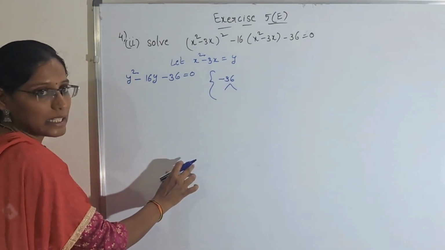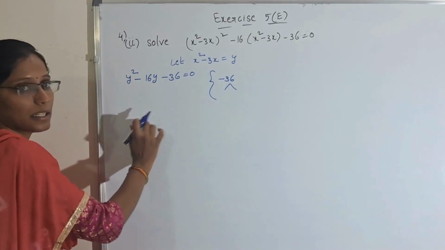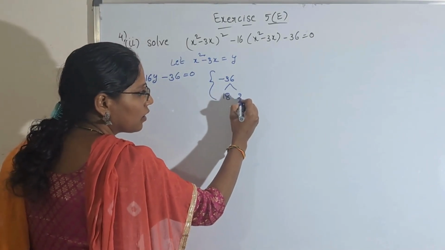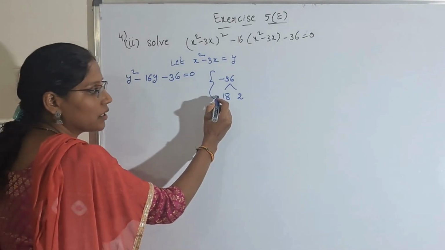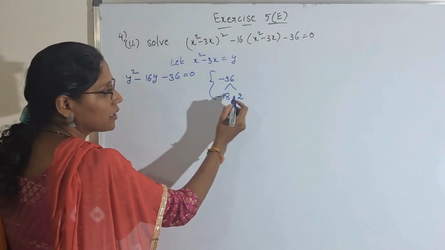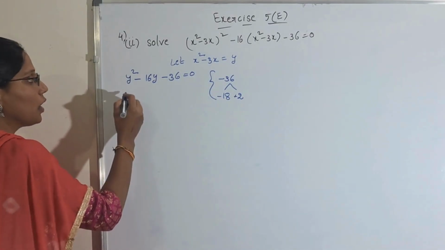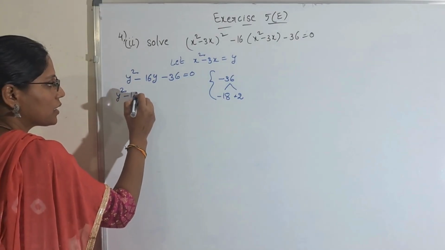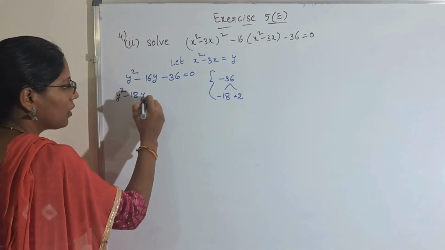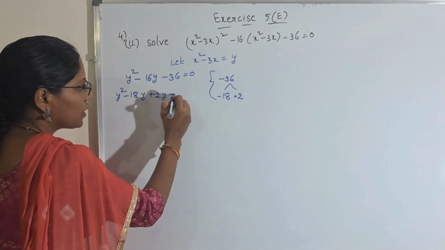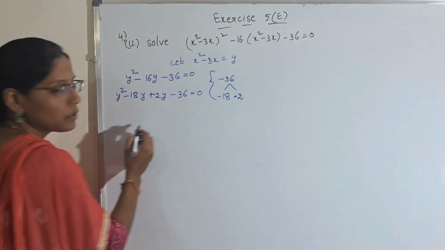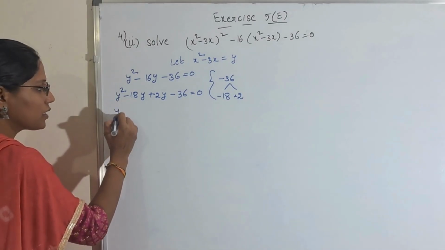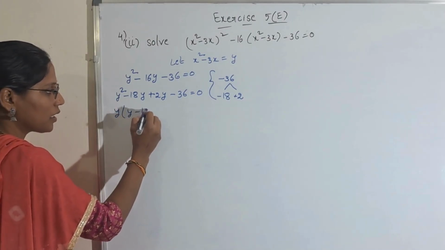Product is minus 36, sum is minus 16. 18 and 2, just. Here minus 16 we need, so the big number is minus 18, the small number is 2. So y square minus 18y plus 2y minus 36 equal to 0. First two terms, y is the common, remaining y minus 18.